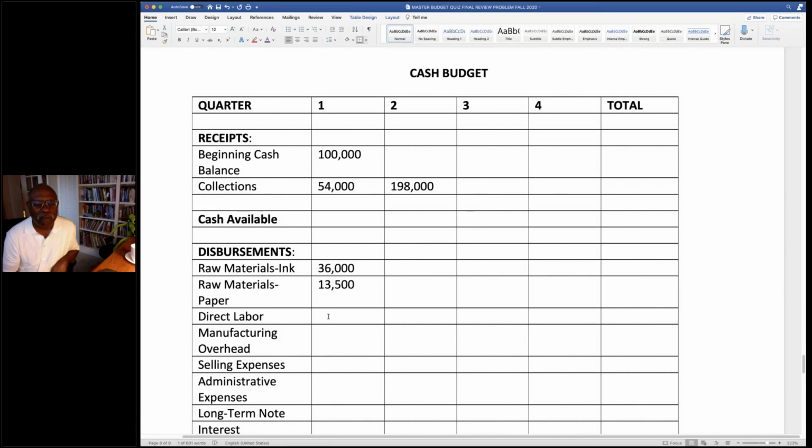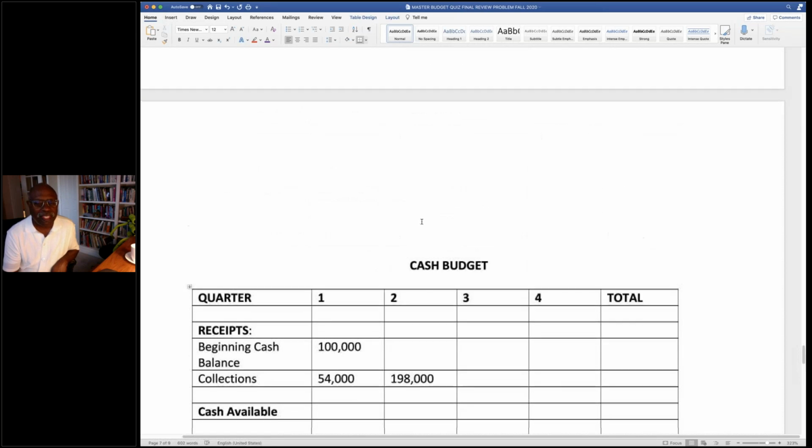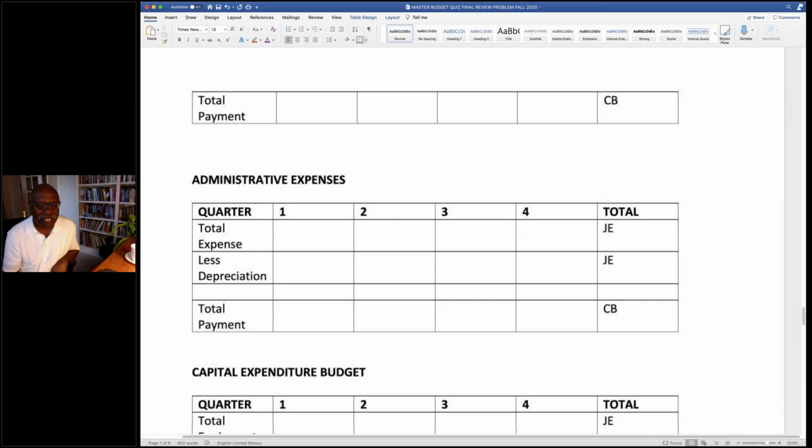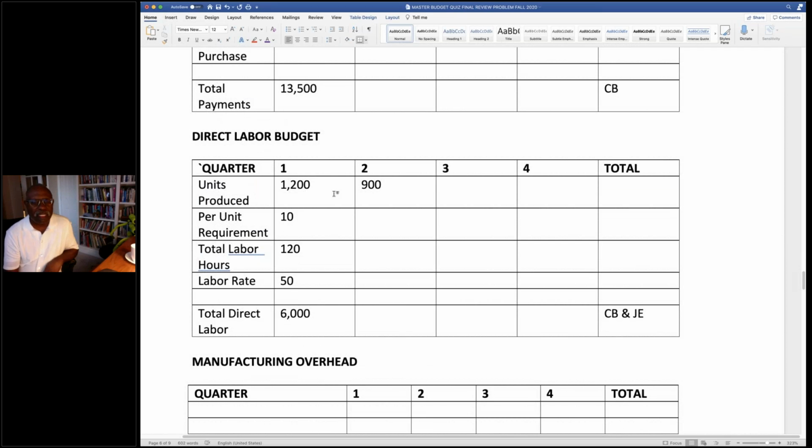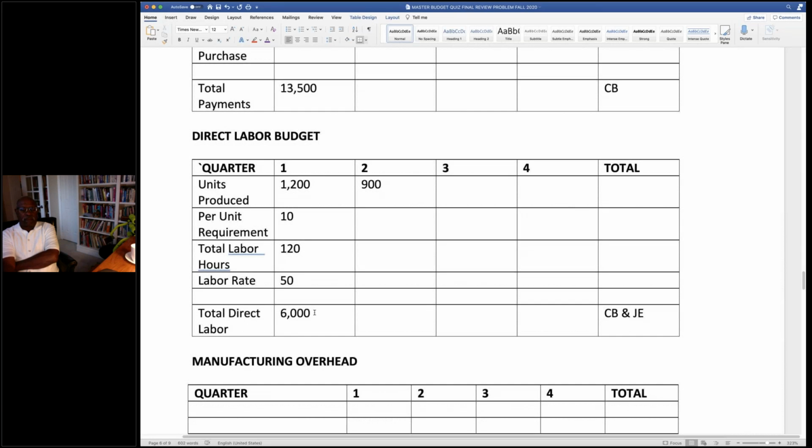Okay, what was the labor rate? 50. So all you had to do here, you could make 10 units an hour, so the workers only need to work 120 hours. You multiply that by 50, you get 6,000.